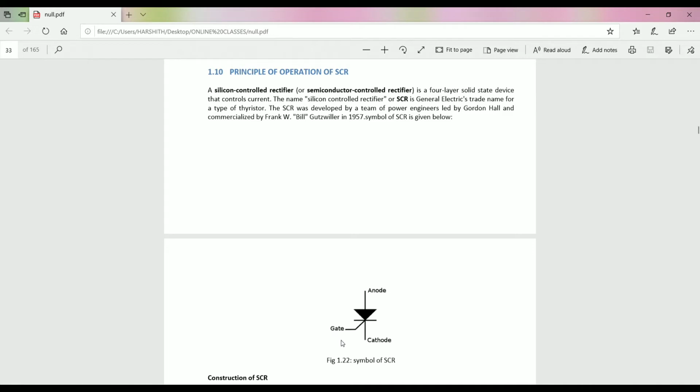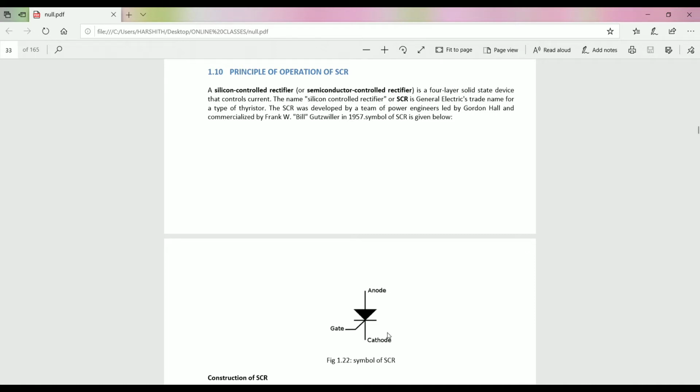This is a three terminal device. The switching property of the SCR allows control of the on periods of the SCR, thus controlling the average power delivered to the load.